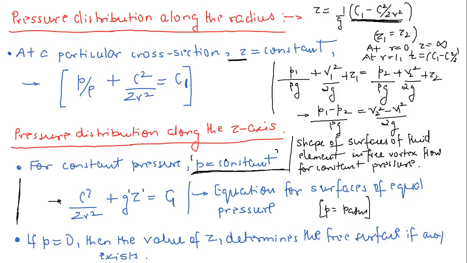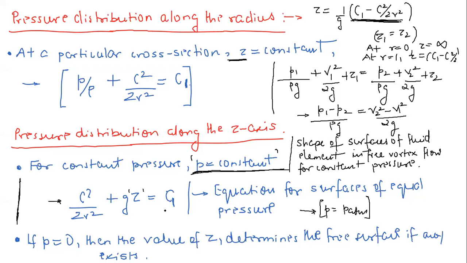But now let's take a special case where this P is going to be the atmospheric pressure. So will there be any change in this equation? Anyone? No, sir. So there is no change in the equation.